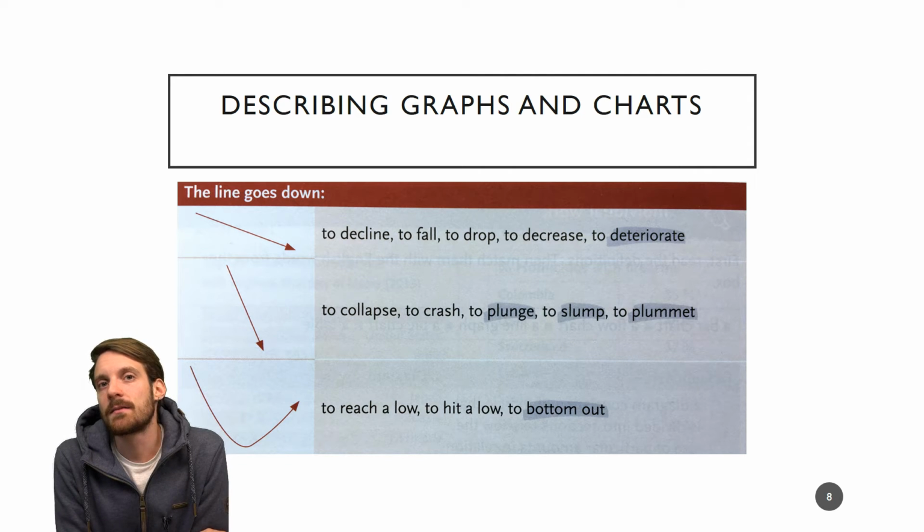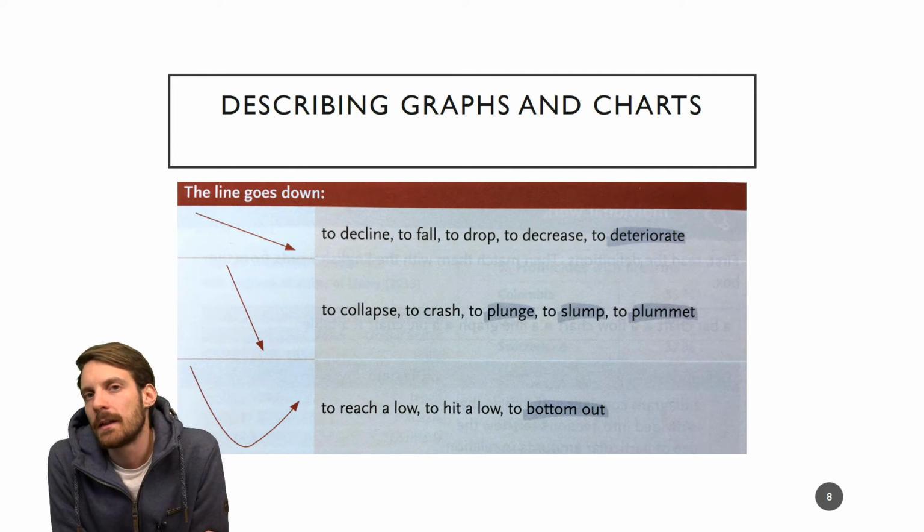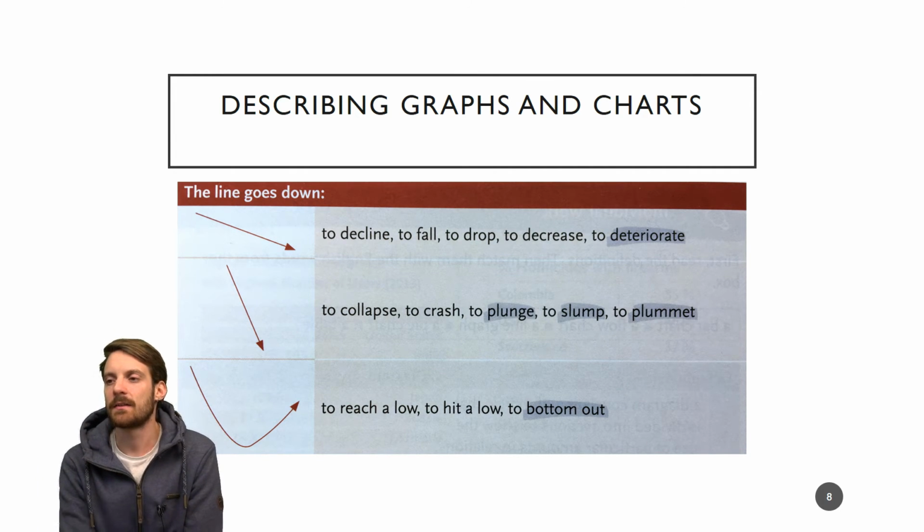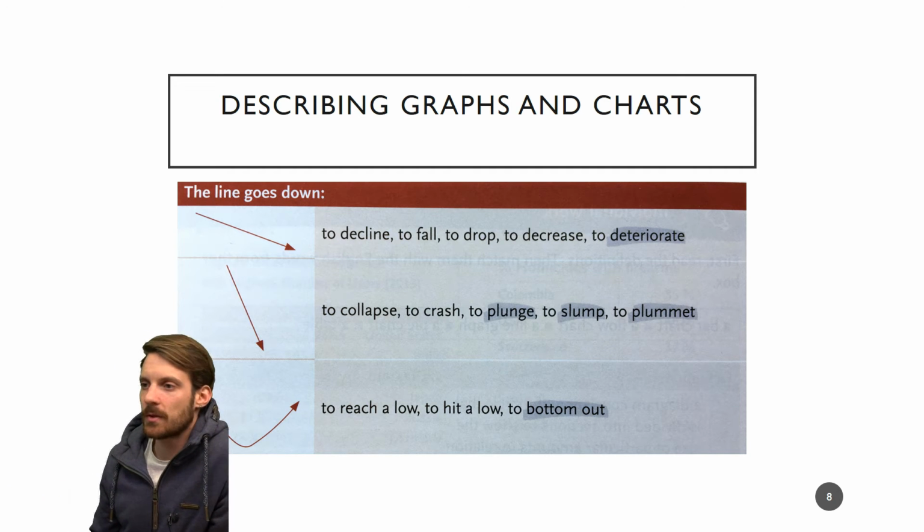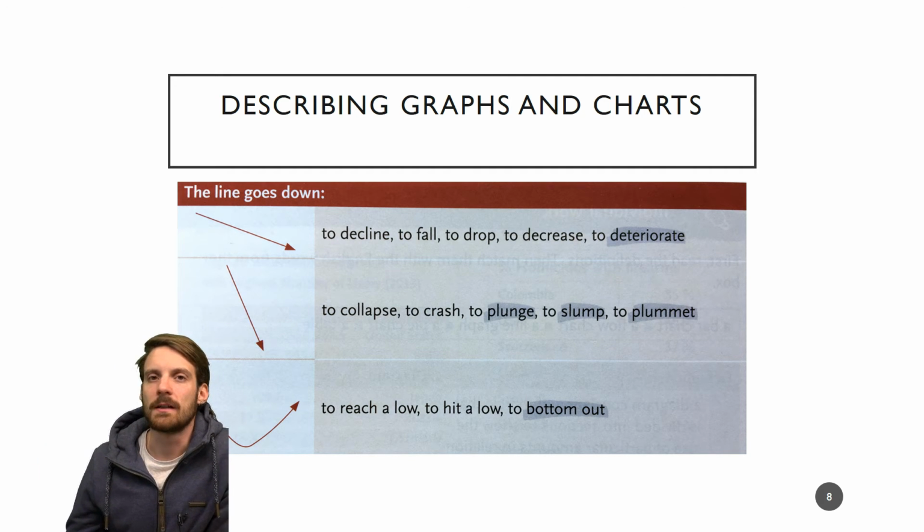And it is important to use different phrases and words, since if you're always saying that something decreases, then it's quite boring to listen to. So it declines, something can fall or drop or deteriorate.